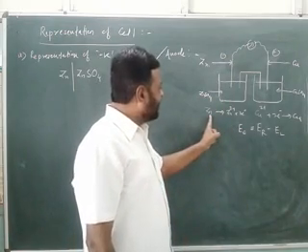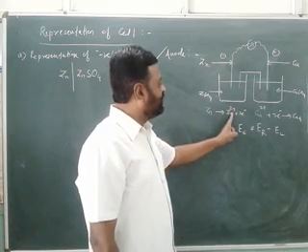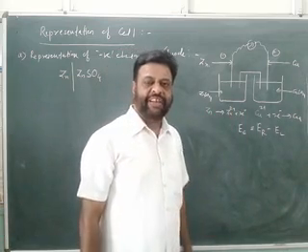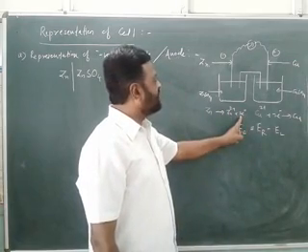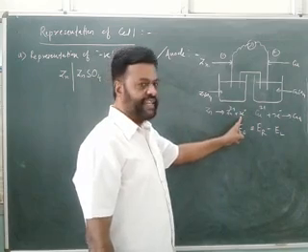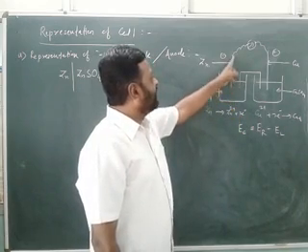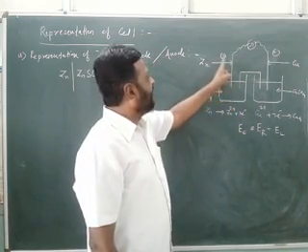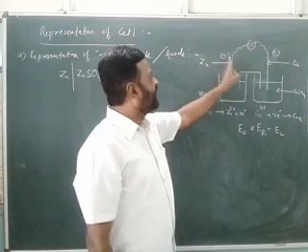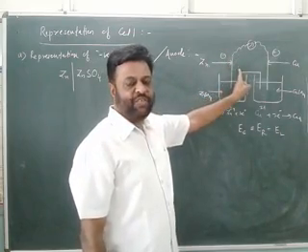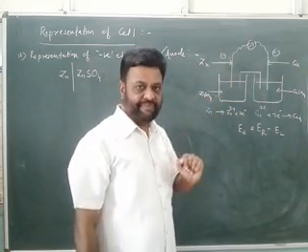Immediately this reaction takes place: Zn gets converted into Zn2+ with loss of two electrons. Due to the evolution of these electrons, Zn acquires a negative charge, and this negative electrode in an electrochemical cell is known as the anode.